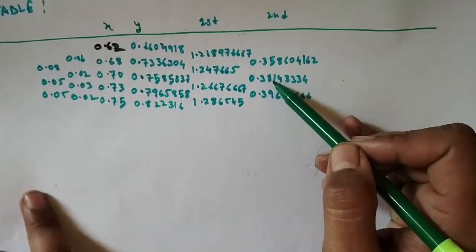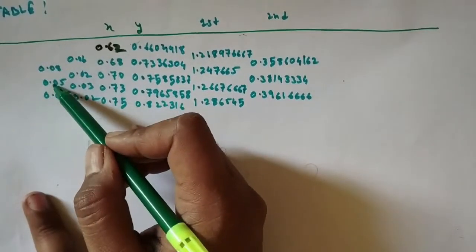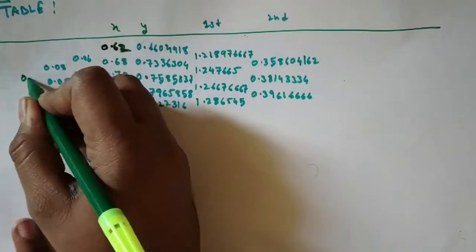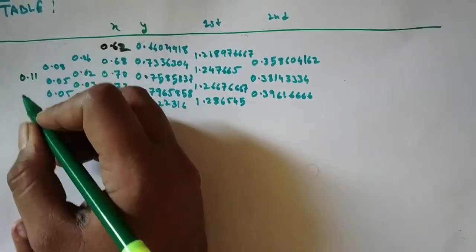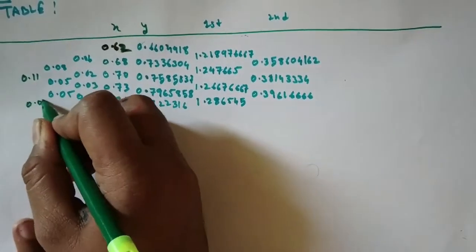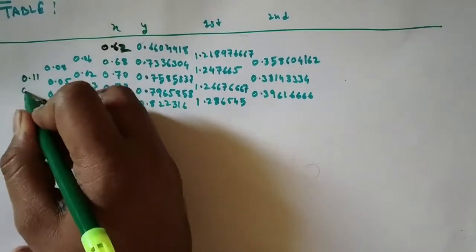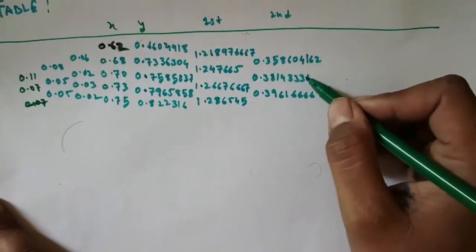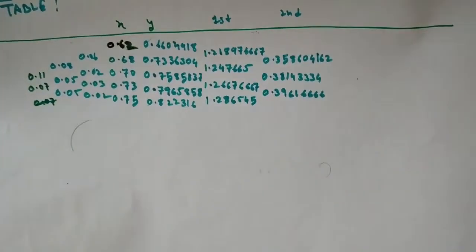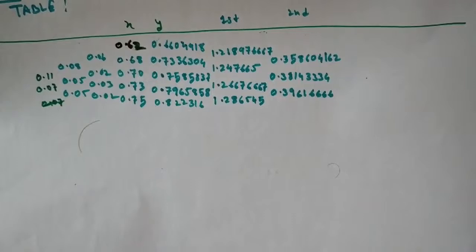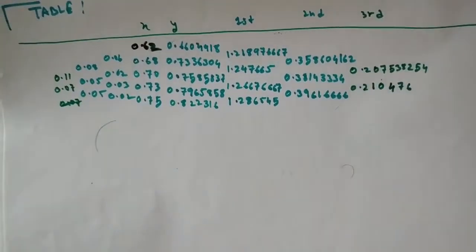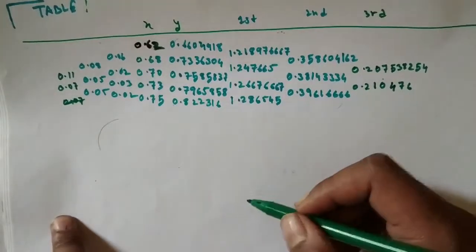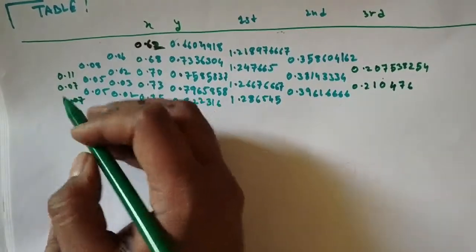Now we want to derive the third order and the fourth order divided difference values. So let us write the denominators. It will be between these two lines. Now we derive the third order divided difference values just like the previous manner. And then using these two values we will find out the fourth order term.